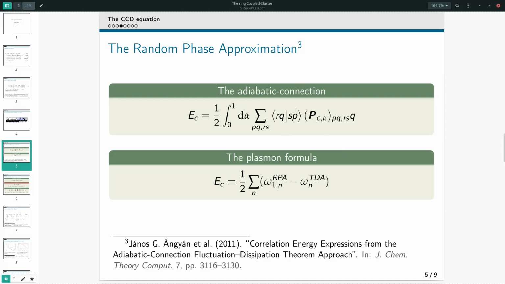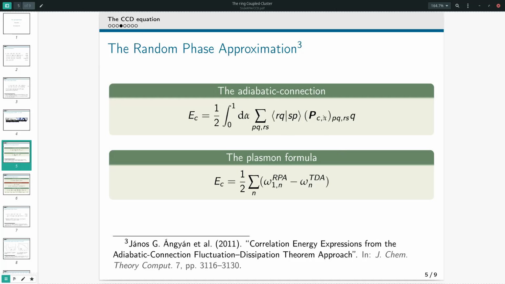There are possibilities. Here it's a Coulomb integral, but you could choose a double bar integral, so with exchange. And here it's your density matrix, and you can choose the density matrix with exchange or not.